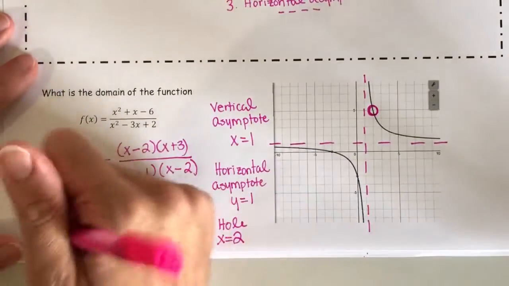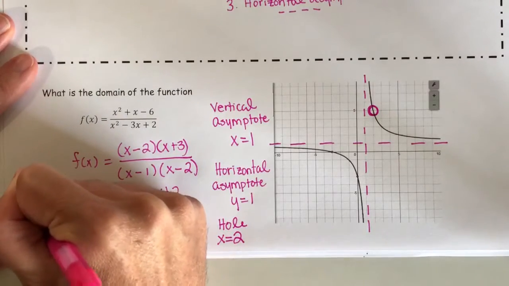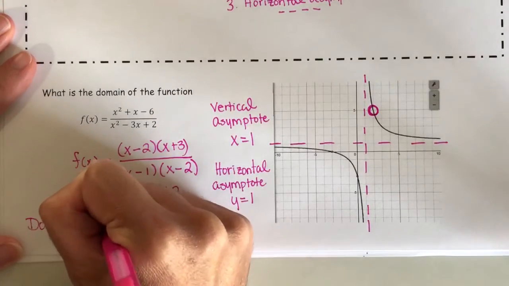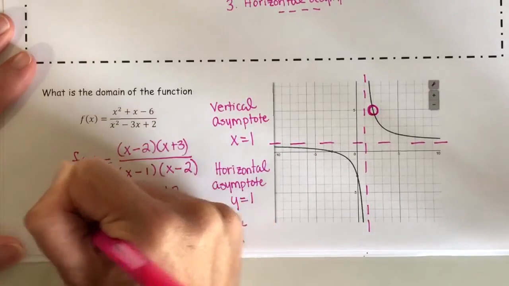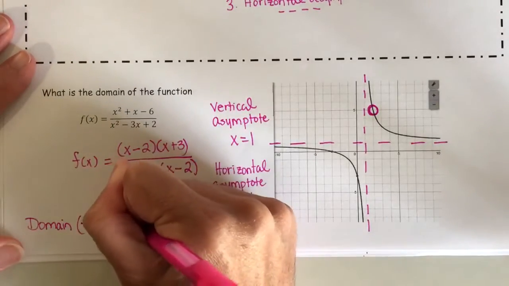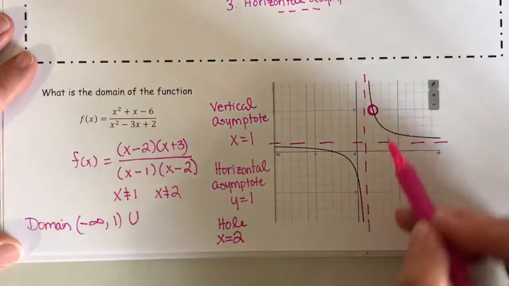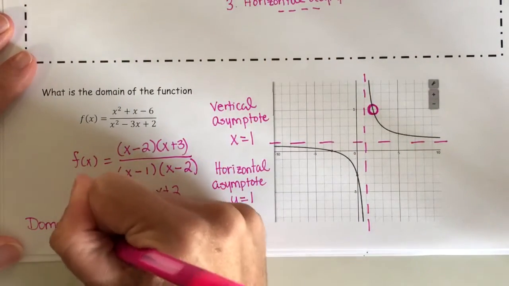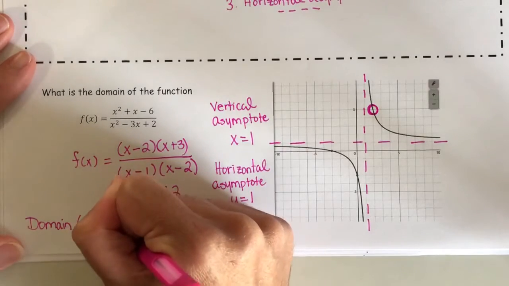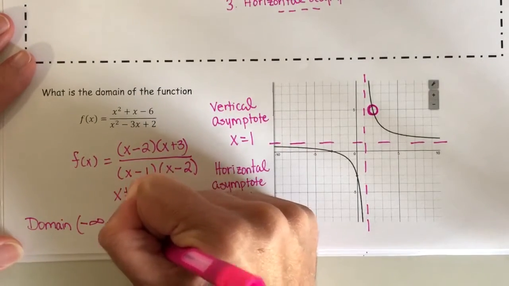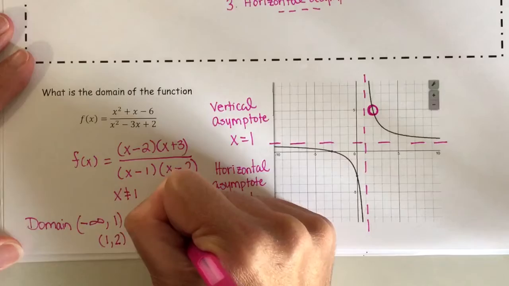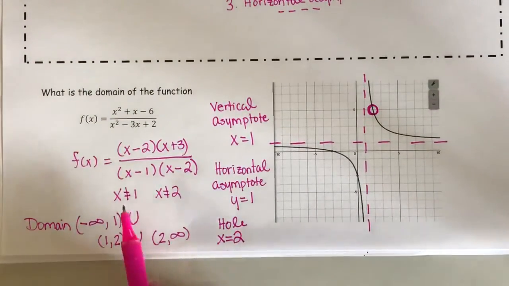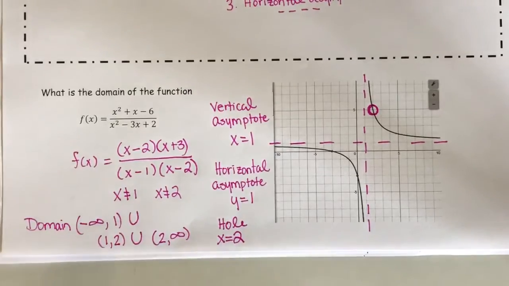So I have a domain from negative infinity to 1, then also from 1 to 2, and then from 2 to infinity. So this domain is broken down into 3 parts because of the 2 places where the graph doesn't exist.